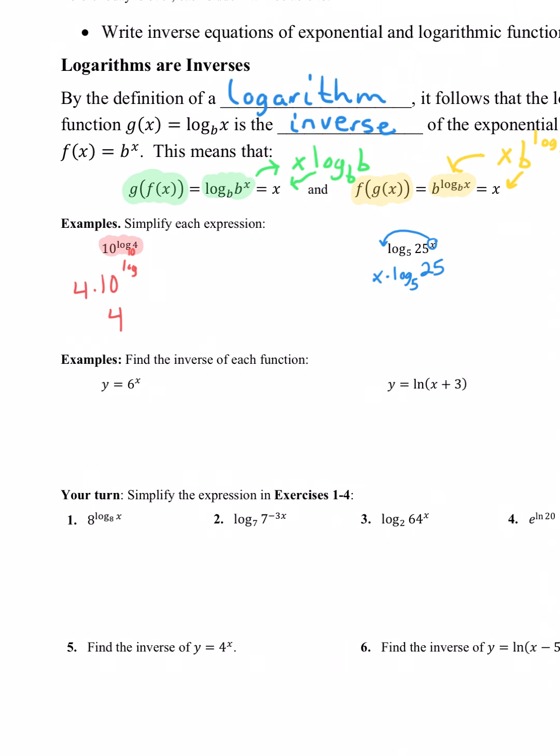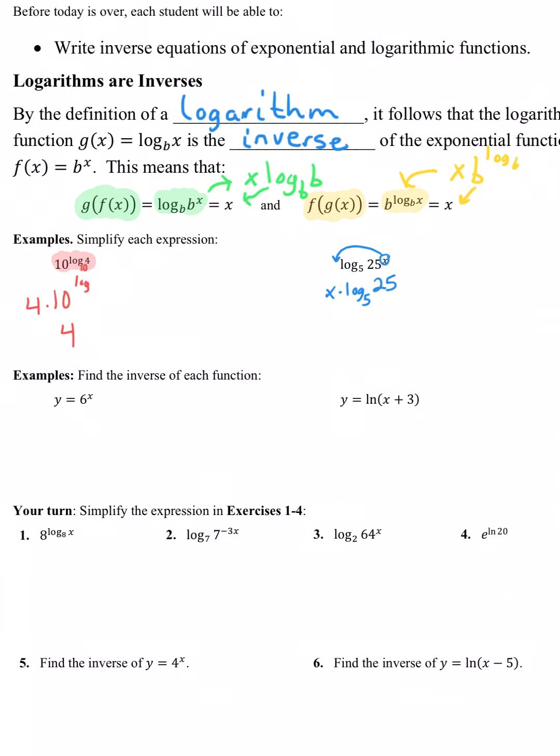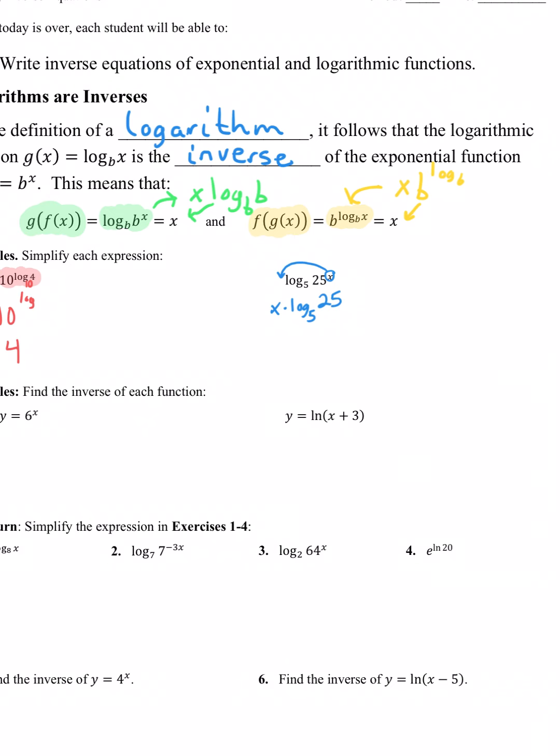Now, there's a couple ways I could do this. One way I haven't shown you yet is thinking about 25 here and asking, how can I rewrite 25 in terms of 5, in general, in terms of the base?